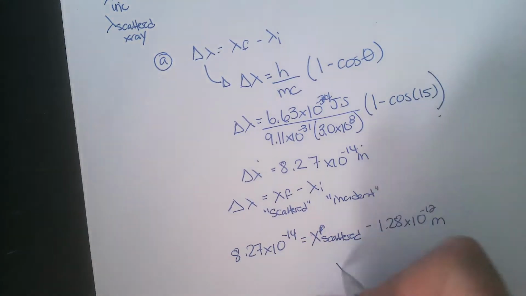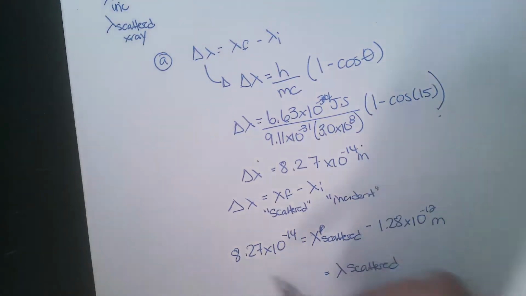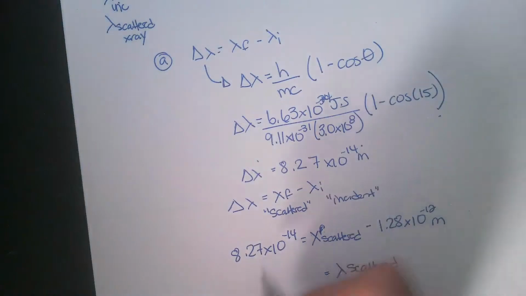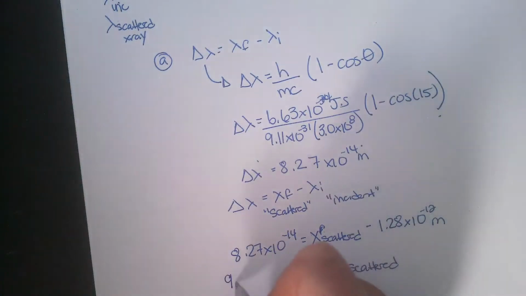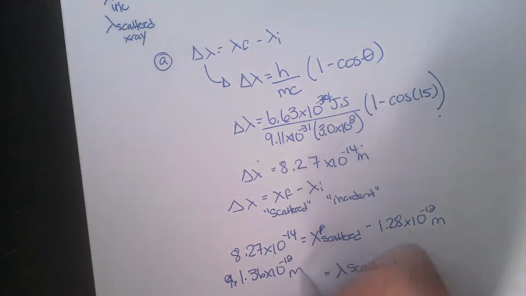When I rearrange the formula, I get the change plus the initial, for a value of 1.36 times 10 to the negative 12 meters.